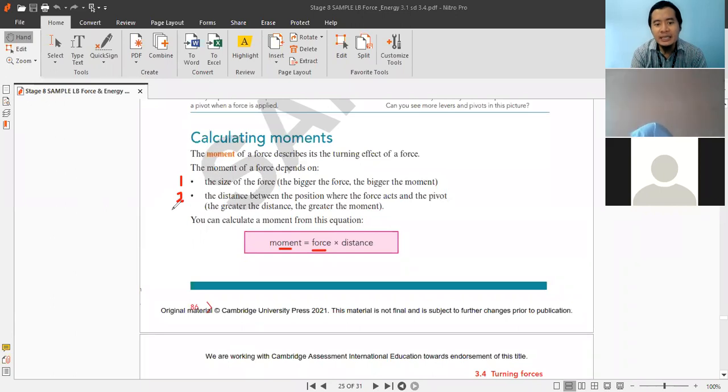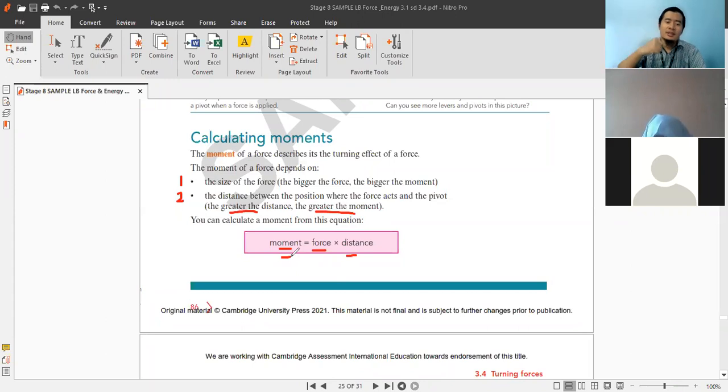You can calculate a moment from this equation. The greater the distance, the greater the moment. Like force, if the distance is greater, the moment is also greater. Kalau panjang antara pivot and the act position, posisi untuk kita melakukan aksi itu tambah panjang, maka the moment also greater.